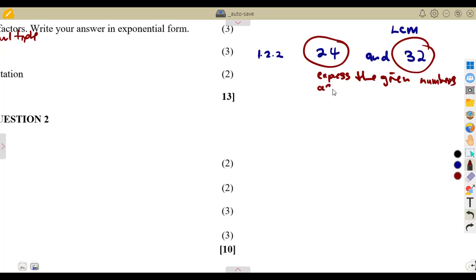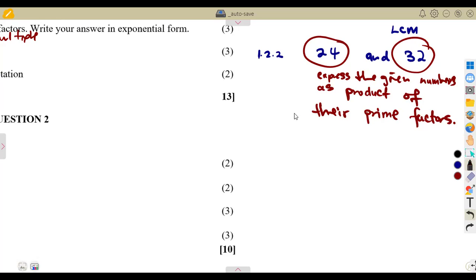You can also write them in exponential form.